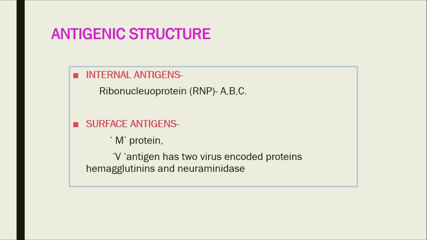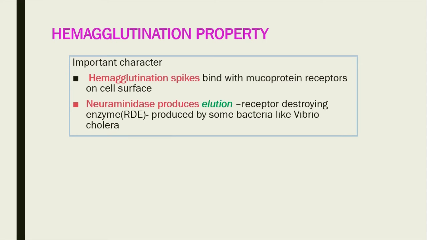Apart from this M protein, they also have V antigen, which has two virus encoded proteins, hemagglutinins and neuraminidases. And this is the important function of hemagglutinin and neuraminidase spikes. Hemagglutinin spikes will bind with mucoprotein receptors on the cell membranes of RBCs, so many RBCs can clump together.